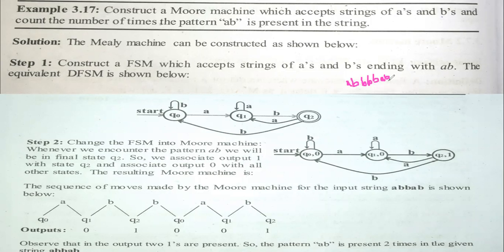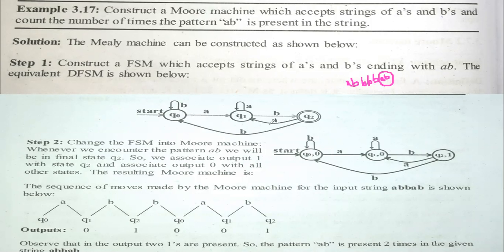So what we can do is design a DFA so that whenever we get AB, it goes to some particular place, and there we can provide a tracking system, so from there we can count how many times the pattern AB has occurred. The best suitable way is to consider a DFA accepting strings ending with AB.